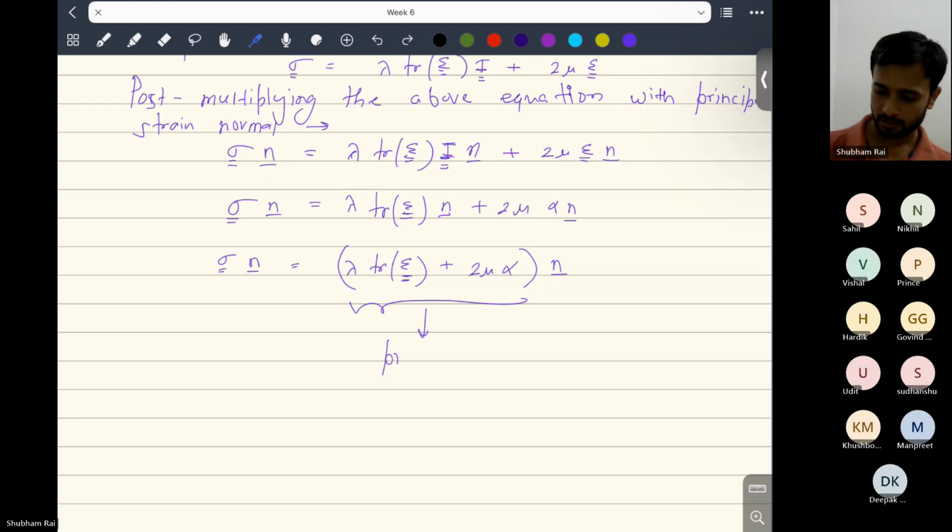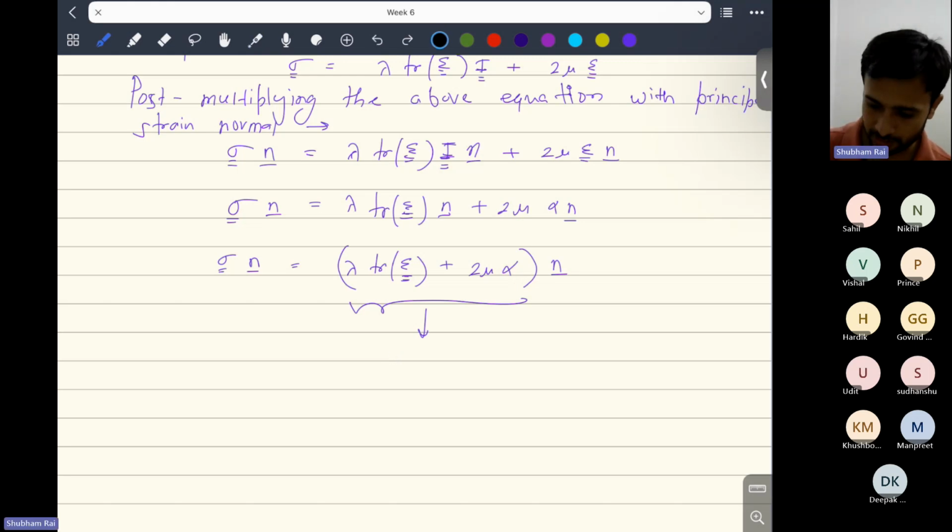Because this is the summation of principal strains, and this is a principal strain itself, one of the principal strains. So only principal strains are involved in this equation. That's why the stress value will also be a principal stress value.